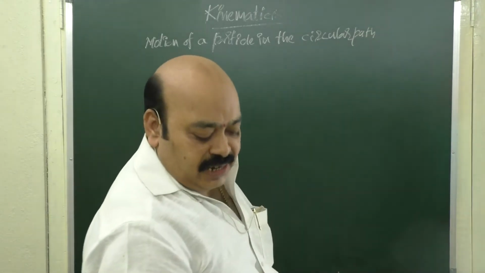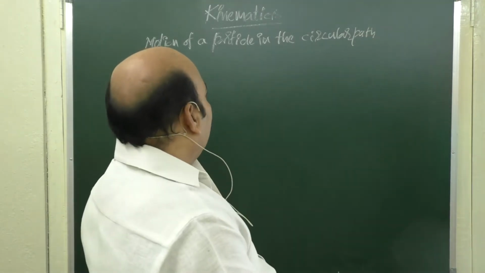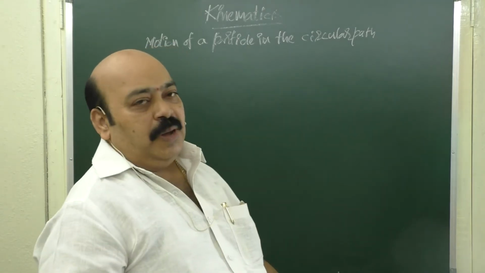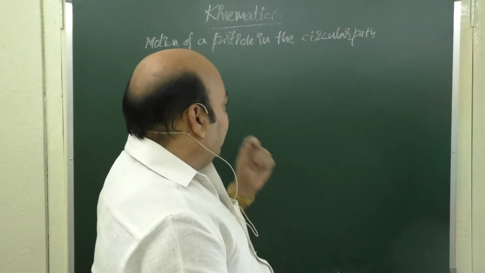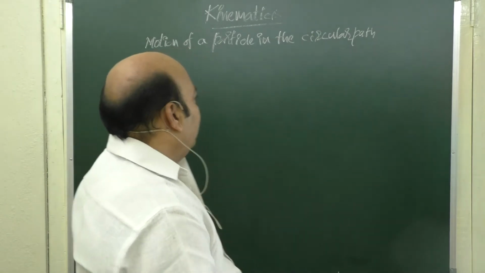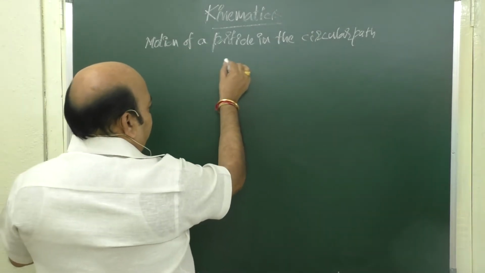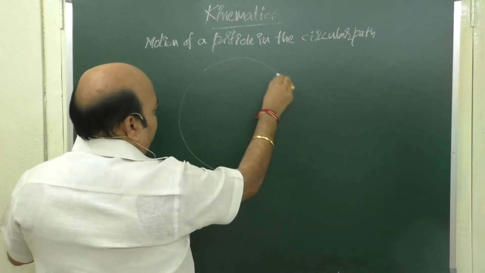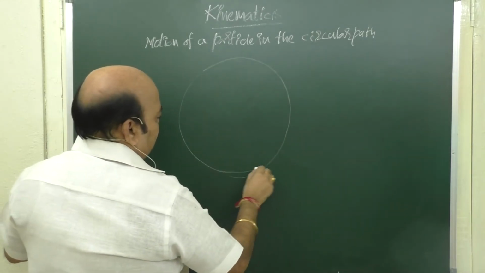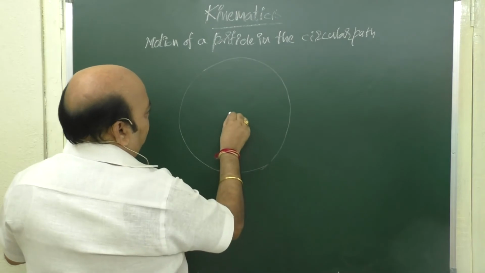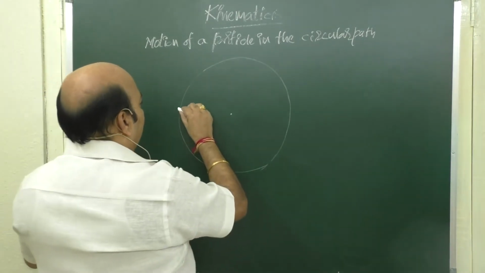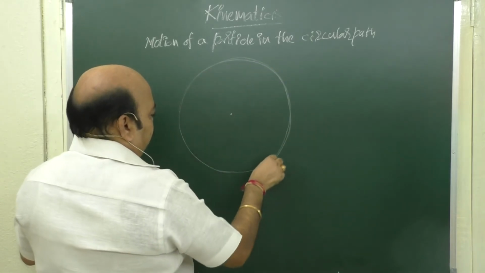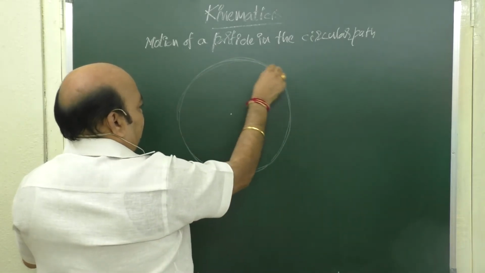As I discussed previously, geometrical interpretation, geometrical application is required in this case. See, circular means, this is a circular path. A body is moving along a circle.